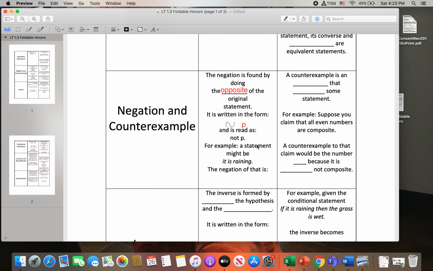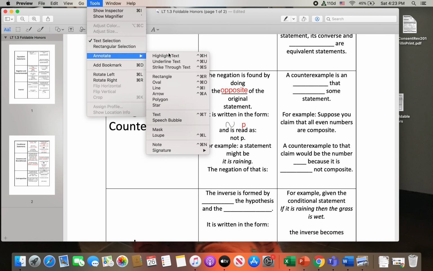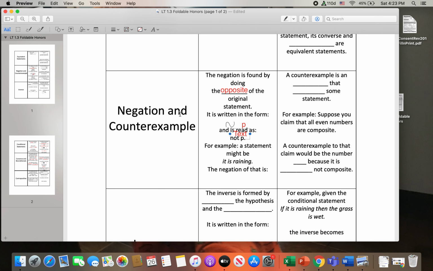For example, a statement might be, it is raining. So the negation of that, or the opposite of that meaning, would be, it is not raining.